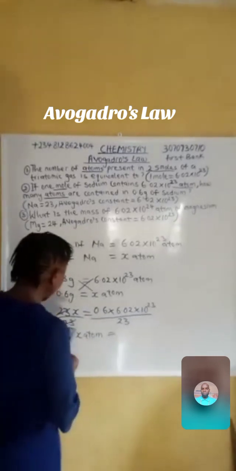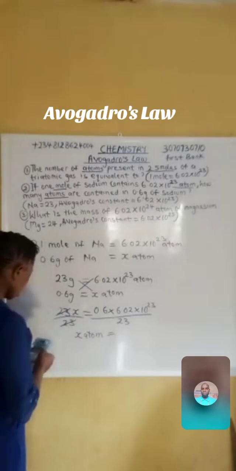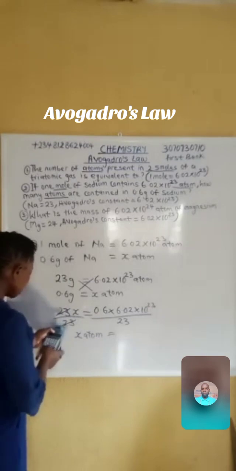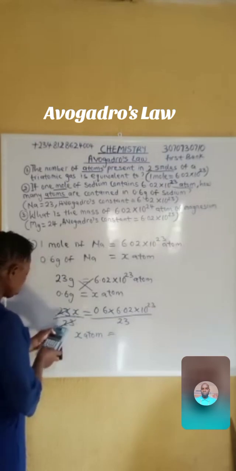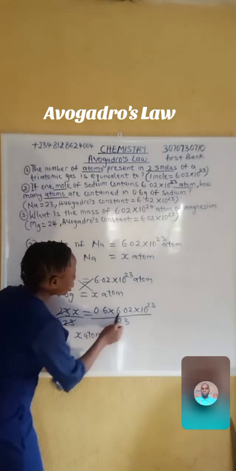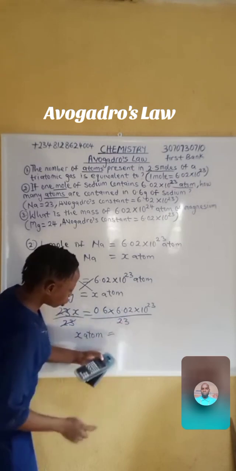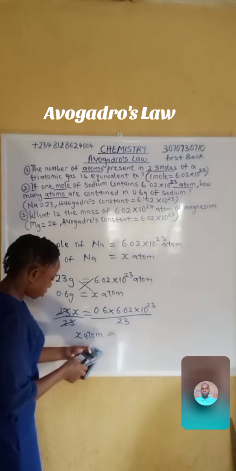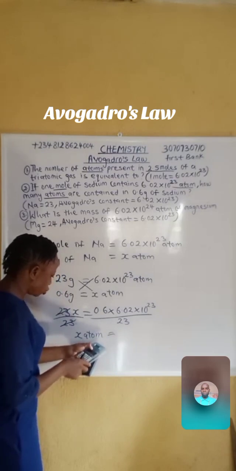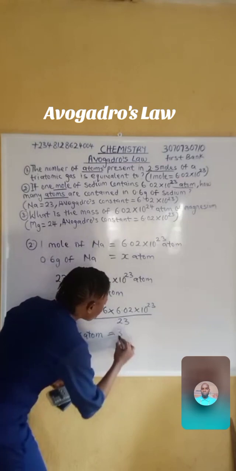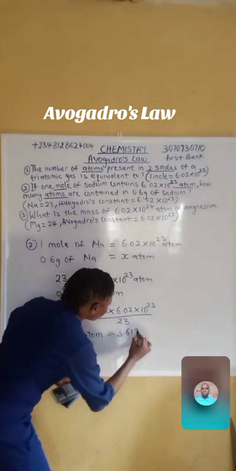If you are with your calculator, solve along with me. 0.6 multiplied by 6.02 equals 3.612.